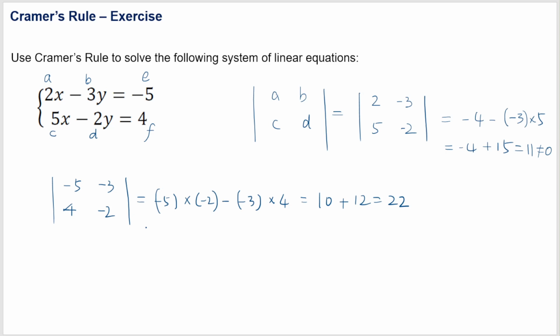And in order to have y, we need to calculate the determinant of A, E, C, F. Because y is the second unknown variable, we keep the first column unchanged, which is 2 and 5, and replace the second column with the constant numbers, -5 and 4. This gives us 2 times 4 minus -5 times 5, which is 8 plus 25, which gives us 33.